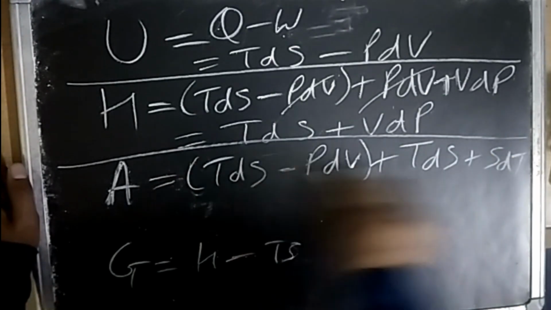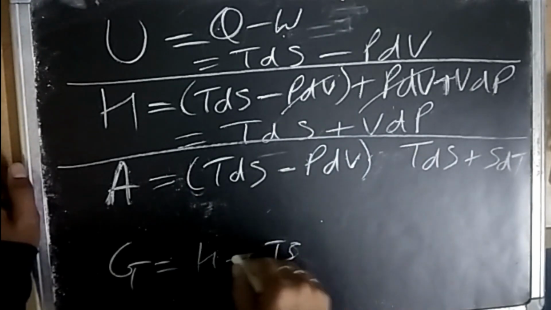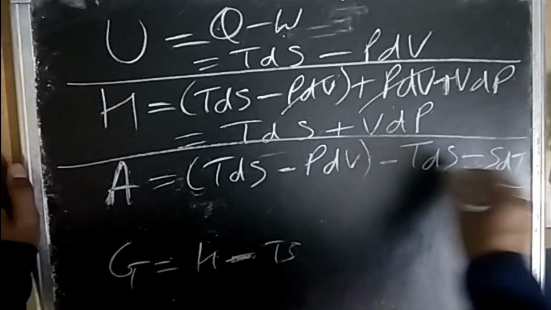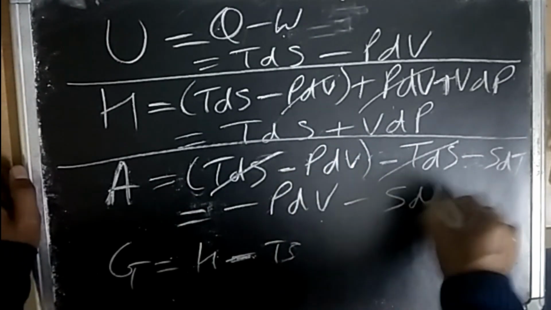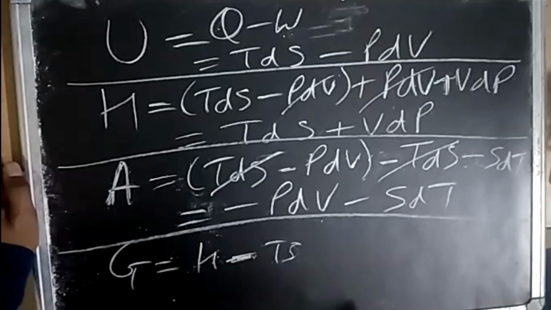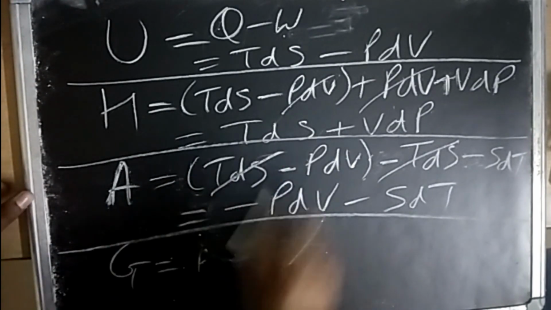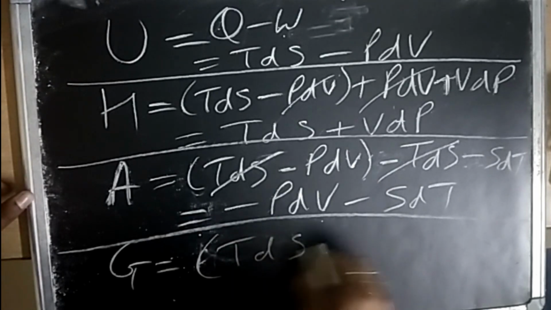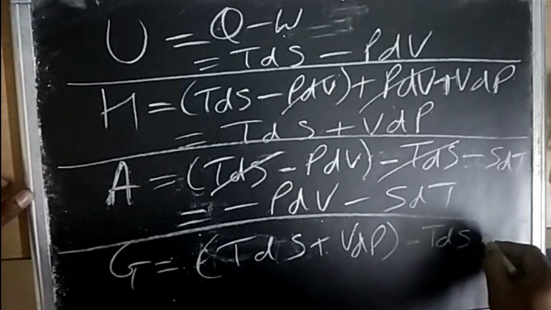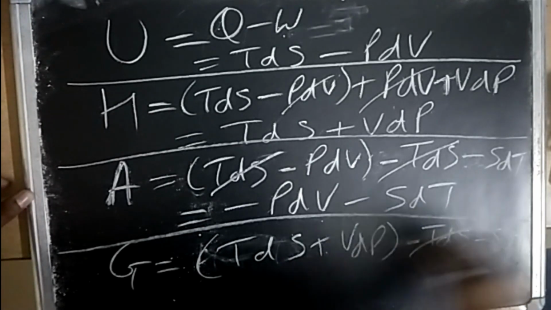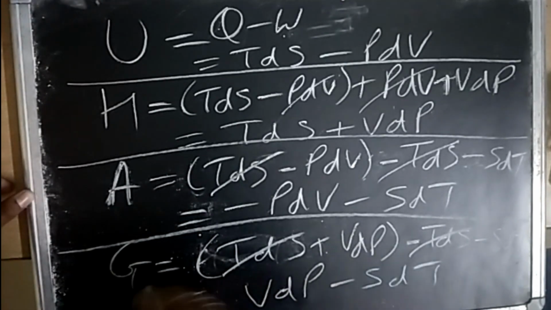Because it is minus, the TdS will cancel out, and this will be minus PdV minus SdT. And finally H minus TS: H I will write directly, TdS plus VdP minus TdS minus SdT, this will cancel out, and G we all know is VdP minus SdT.